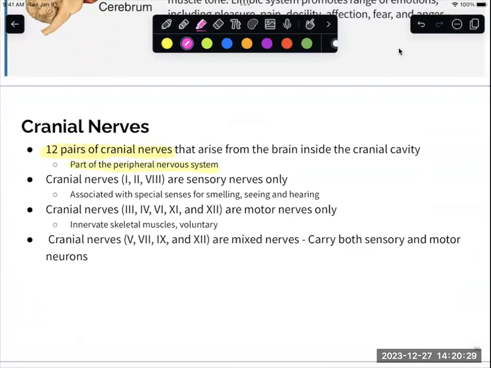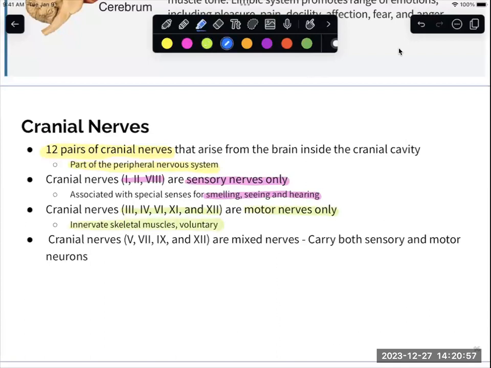Only cranial nerves 1, 2, and 8 are sensory. So smell, seeing, and hearing are those sensory functions. Cranial nerves 3, 4, 6, 11, and 12 are motor only, so they're going to different skeletal muscles.